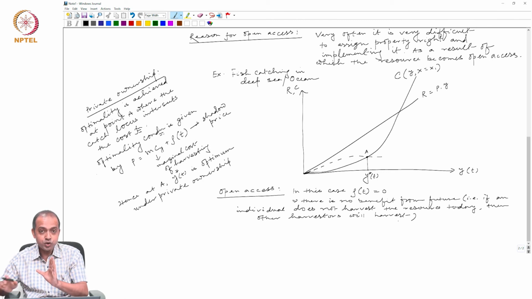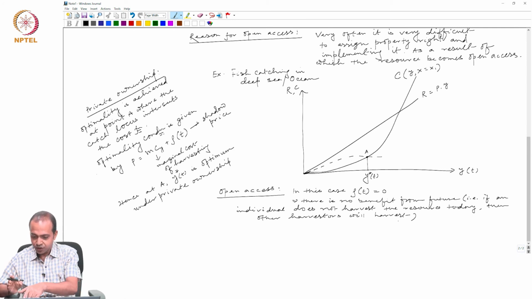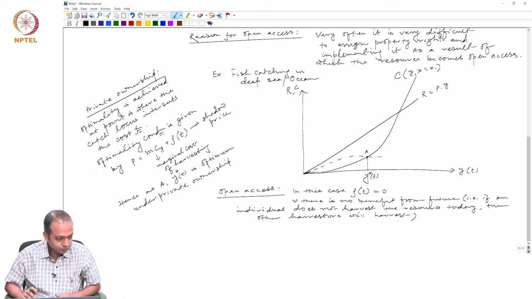But when the resource is open access, there is no benefit from preserving the resource, because if I do not extract it today, there is no guarantee it would be available tomorrow, because some other harvesters will definitely come and harvest it. That means each individual will try to harvest as much as possible in the present period itself. That is the meaning of rho t equals 0.